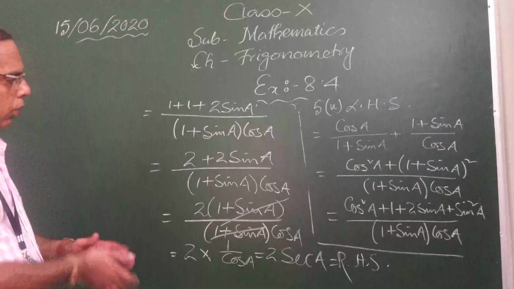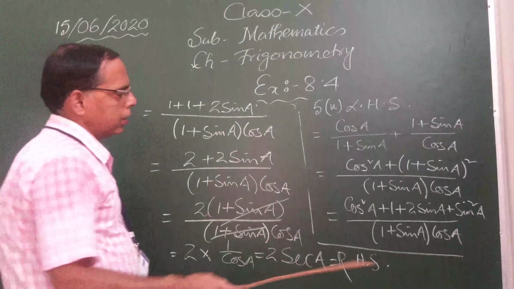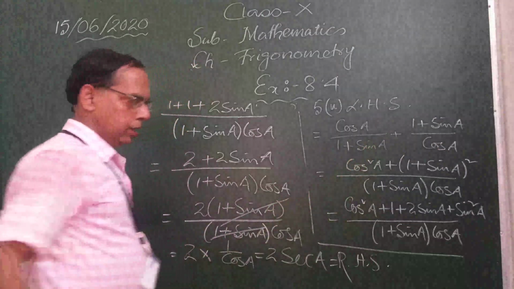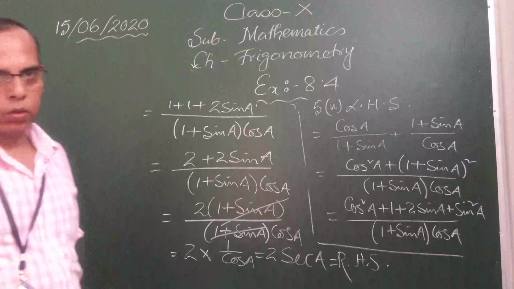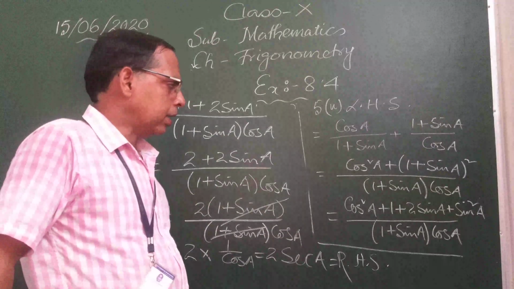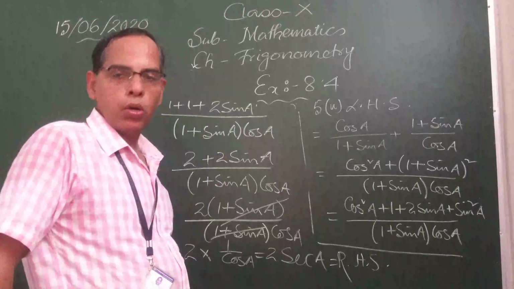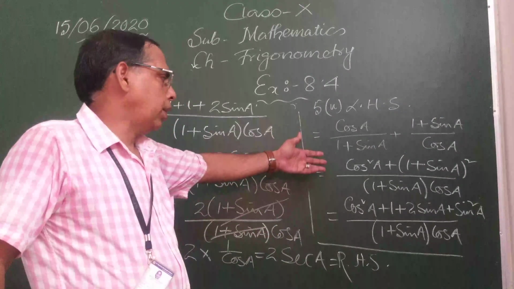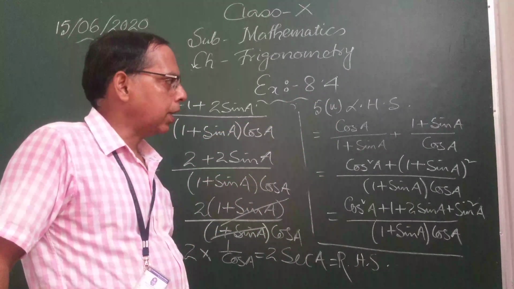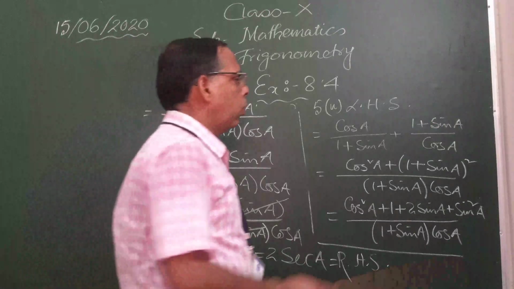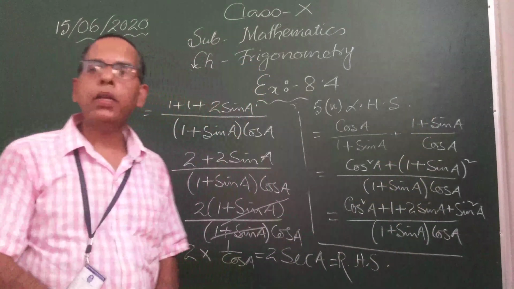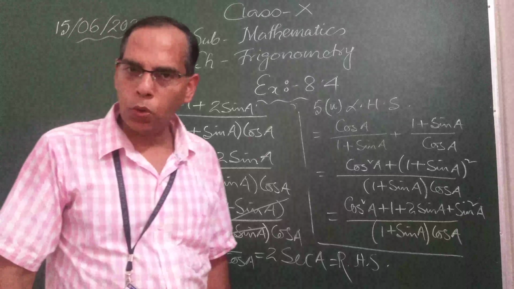Clear? So see what we have done. We have just taken the LCM of 1 plus sin A and cos A, which is nothing but 1 plus sin A into cos A. Then cos square A, and on that side 1 plus sin A whole square, which we expanded using the a plus b whole square formula.